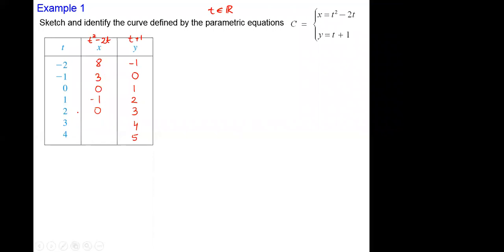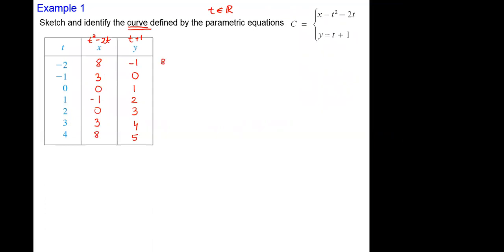But that's okay. It's a curve. It doesn't have to be a function. It's x which depends on y. Okay, if I substitute 3, I will have 9 minus 6, and for 4, 16 minus 8, I believe, 8.